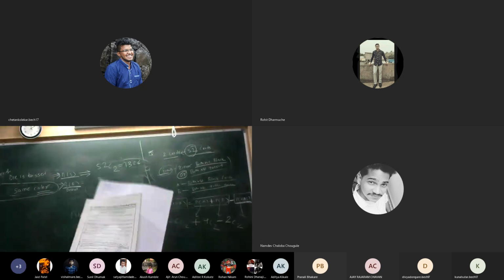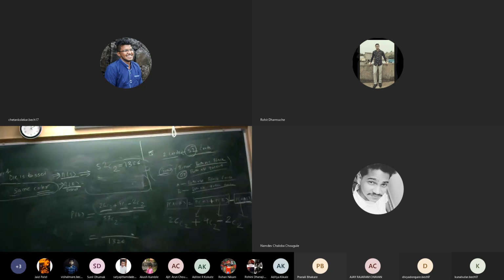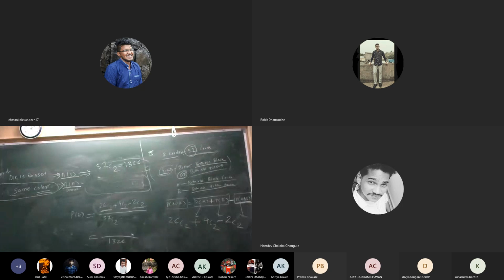So the RS Agarwal book is the most important book for this kind of permutation combination or any aptitude part. So any aptitude, definitely we are going to cover from RS Agarwal. Okay, thank you. I'm closing this session.